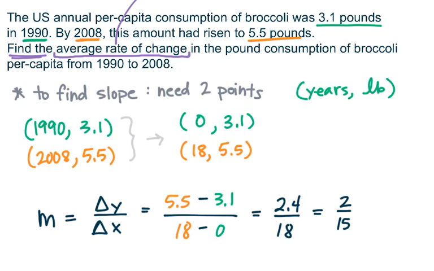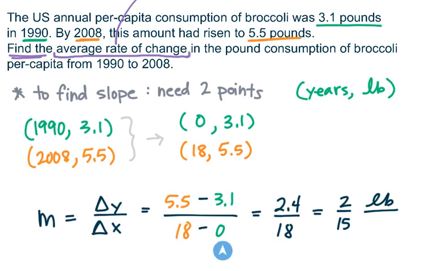Now, because this is an application problem, our answer needs context. So let's think about what was the unit on 5.5 and 3.1. Those represented pounds. So this is 2/15, 2 pounds per each 15 what?